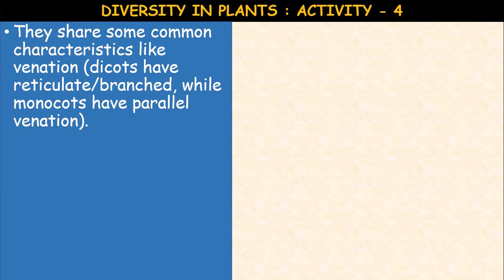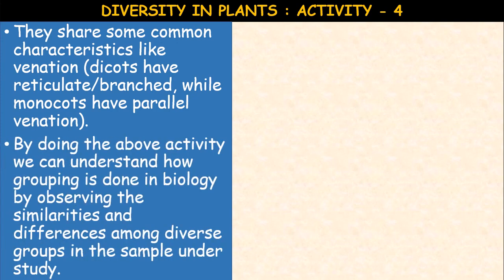The parallel venation example: maize, paddy, grass, and reticulate venation example: beans, green gram, and groundnut. So by doing the above activity, we can understand how grouping is done in biology by observing the similarities and differences among diverse groups in the sample under study.